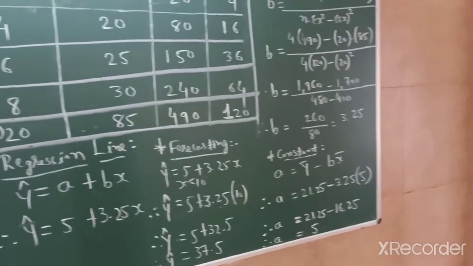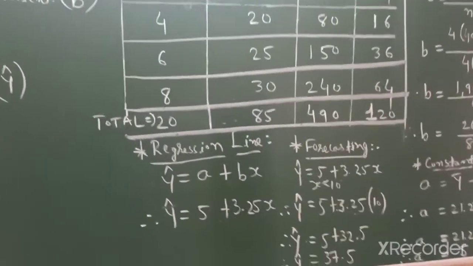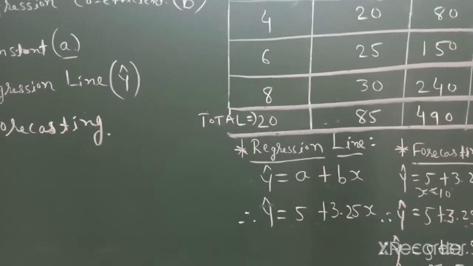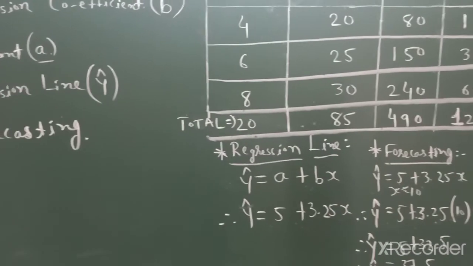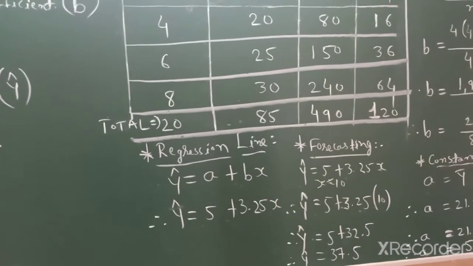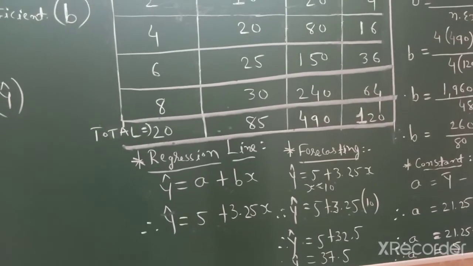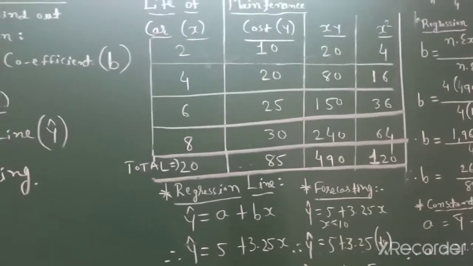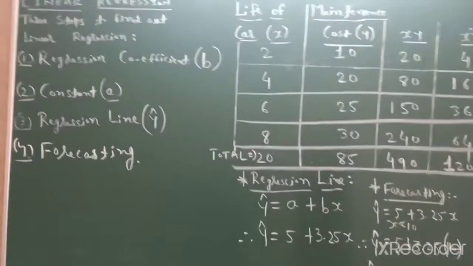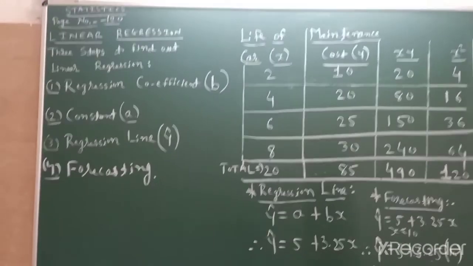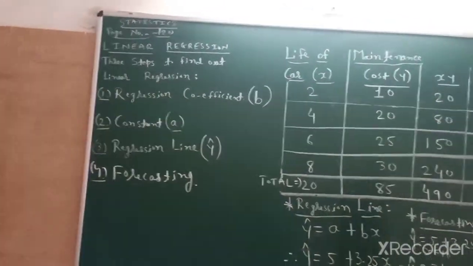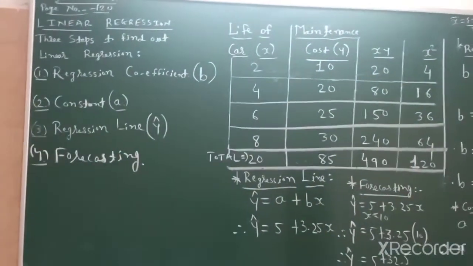After finding constant, we find the regression line, that is y cap is equals to a plus bx, and then we find the forecasting value if they ask in the question. By this way, students, we can do the whole sum of linear regression.